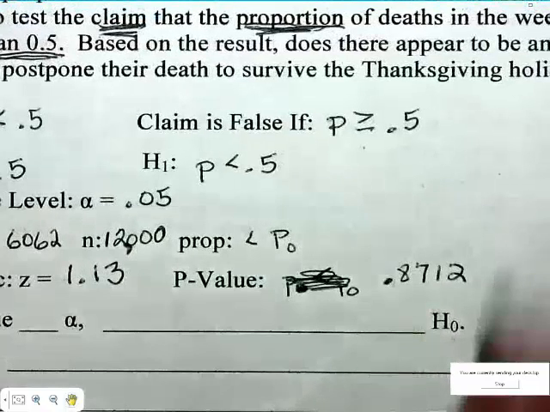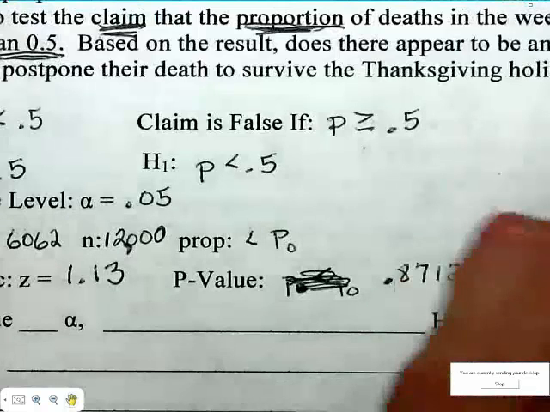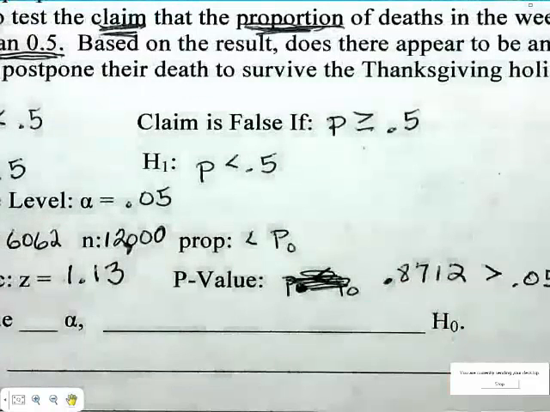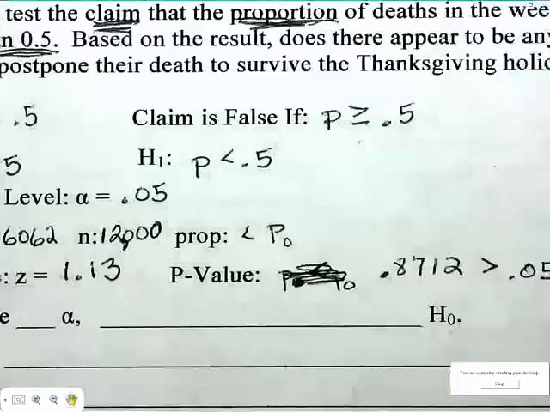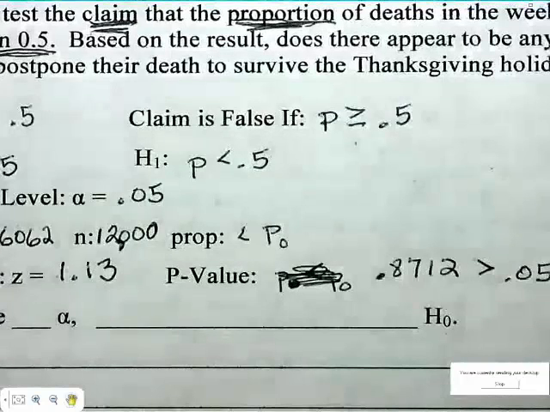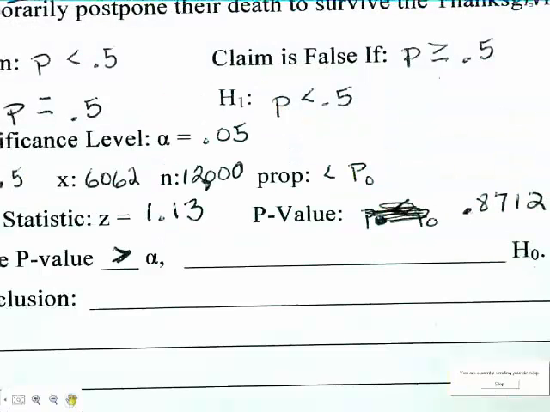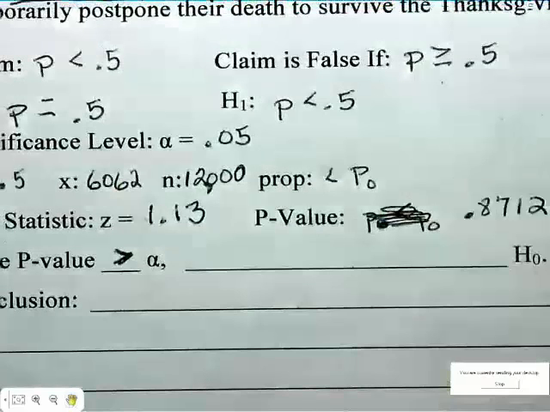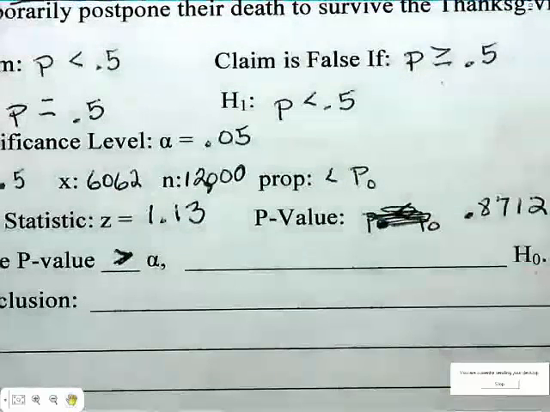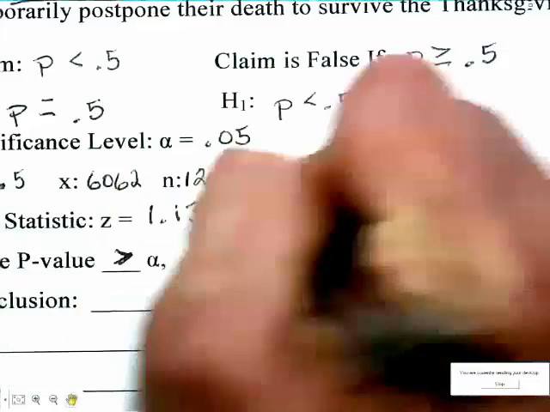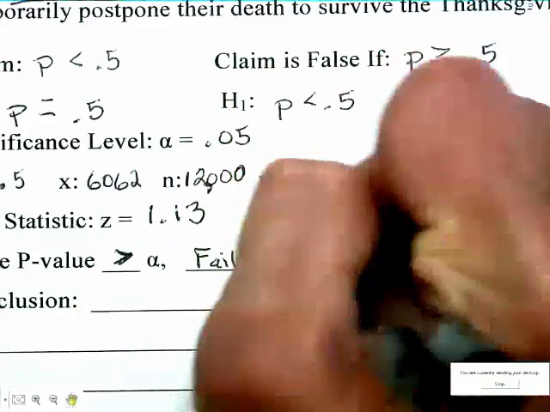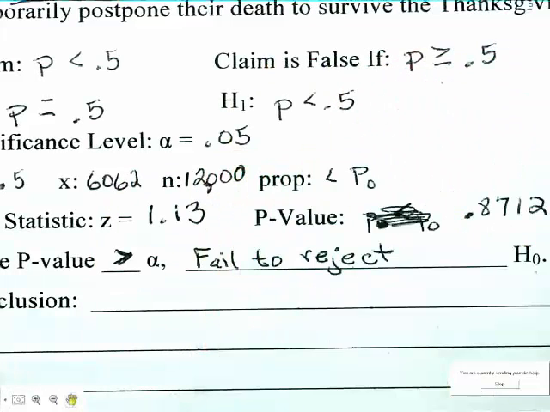Much bigger than 0.05. And since our p-value is greater than the significance level, what does that mean about the null hypothesis? Failed to reject. And what does failed to reject always mean? Insufficient evidence.